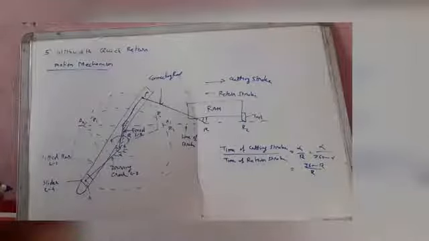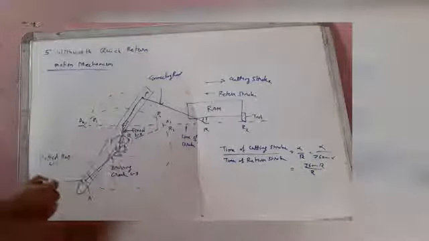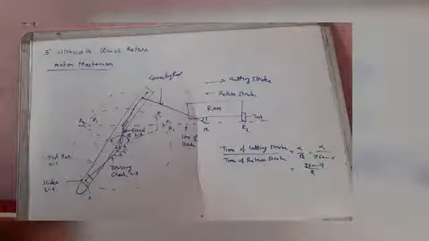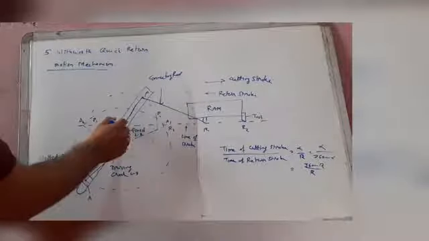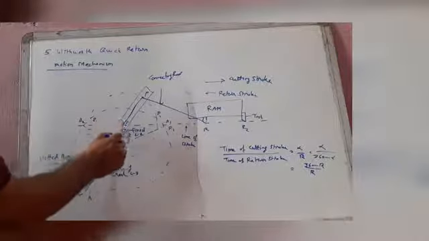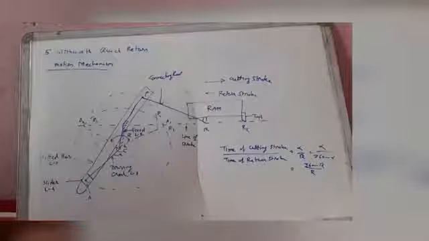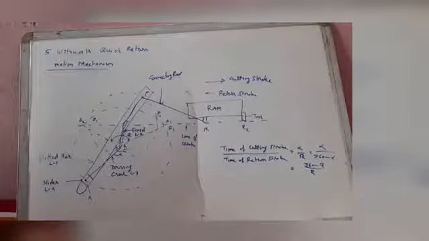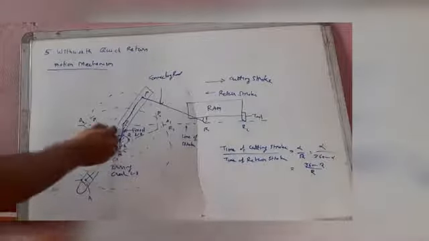In this mechanism, link CD, here this point is C and D, is the fixed link, forming the turning pair. The link 2 corresponds to the crank in a reciprocating steam engine.